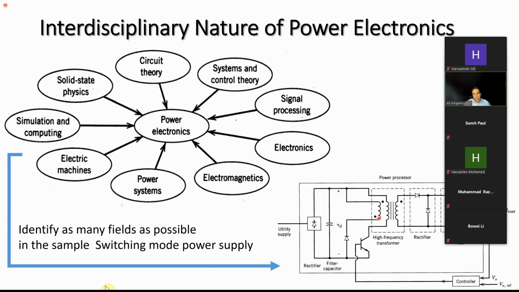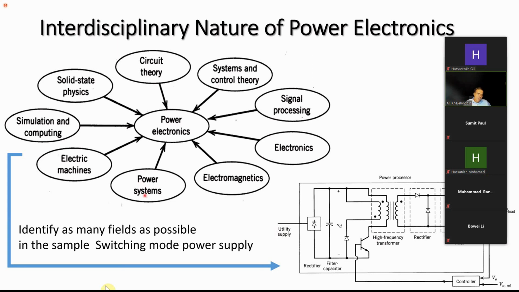They just cover some very common applications. But if you really want to design some good power supplies, you have to get into the details of electromagnetics. You should know about power systems in power supply design, because you have to know how to deal with the utility, how to deal with the interaction of the converters and other power converters, other components of the grid.